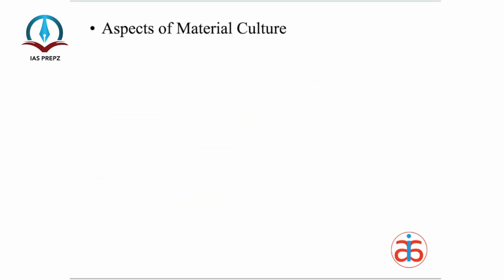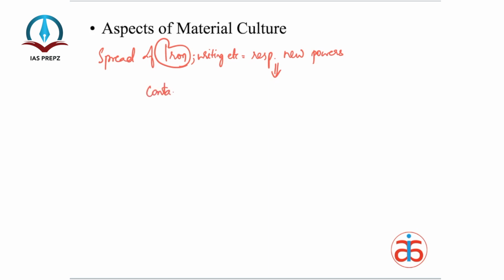Now let us focus on the economic aspects of the Satavahanas. As we just saw, the spread of knowledge of intensive use of iron for agriculture and the spread of the knowledge of writing were responsible for the rise of new powers. The Satavahanas were one such power, which arose due to the economic impact of contacts with the north.